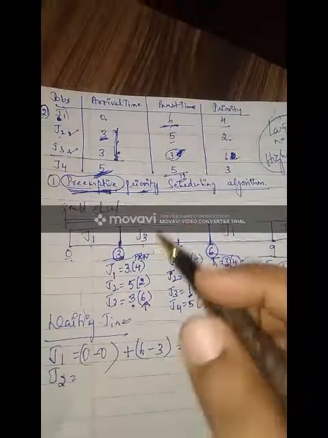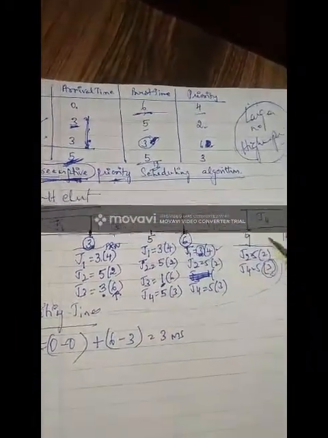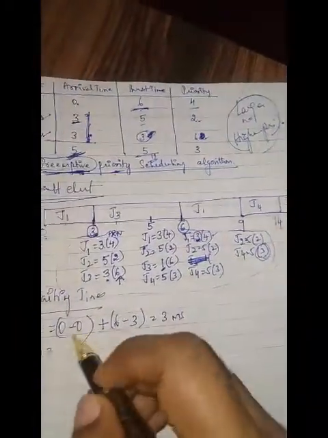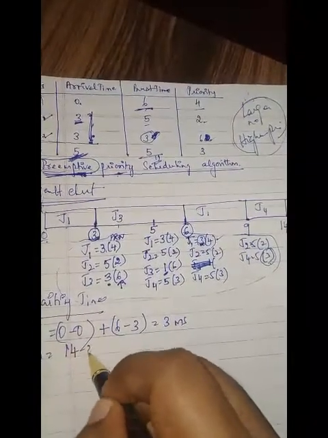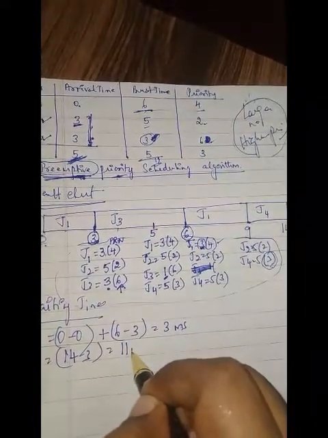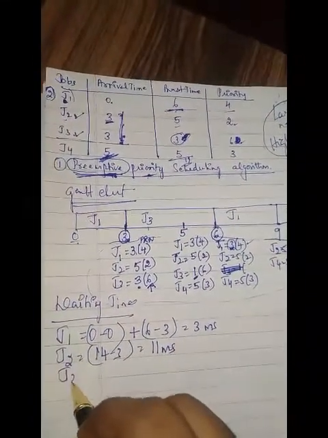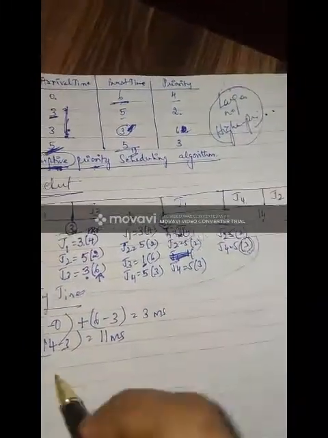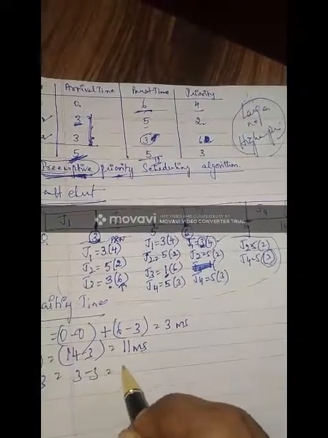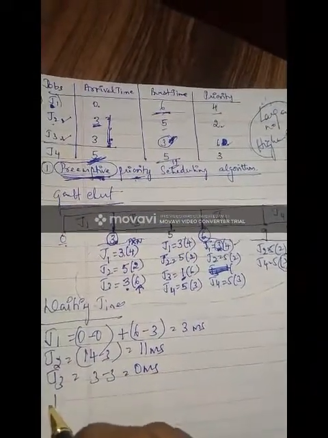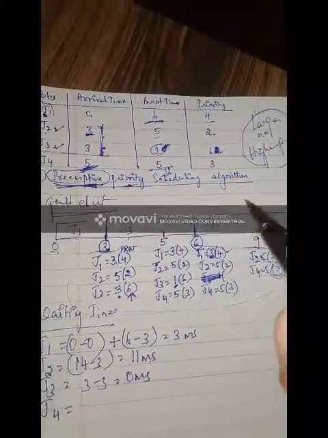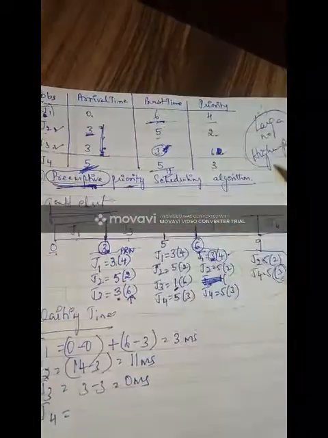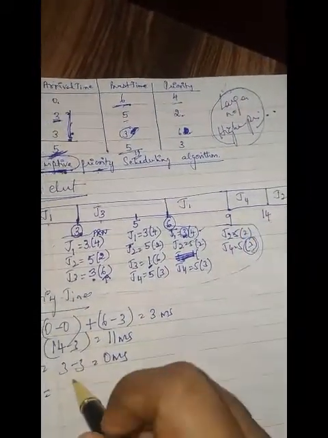Similarly, J2. J2 came in at 3 and got the CPU at 14. So 14 minus 3, 11 milliseconds. Similarly, J3 came in at 3, got the CPU at 3. So 3 minus 3, that is 0 milliseconds. Next, J4. J4 came in at 5, got the CPU at 9.